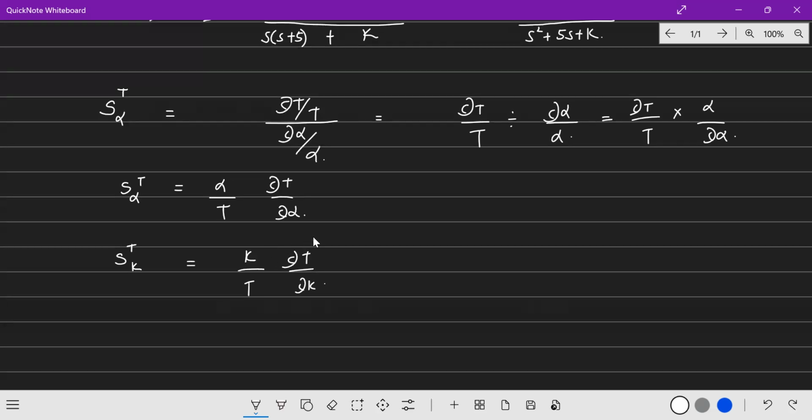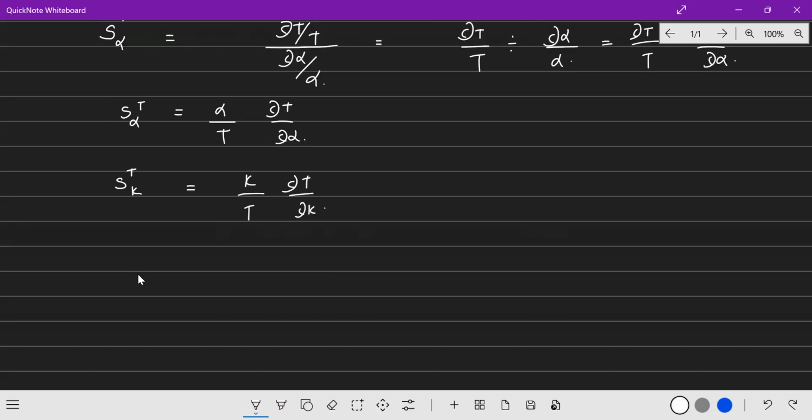Let us first find del T over del K. Our T, remember this is a function of s, so I'm just not going to write T of s, guys, is K over s squared plus 5s plus K.